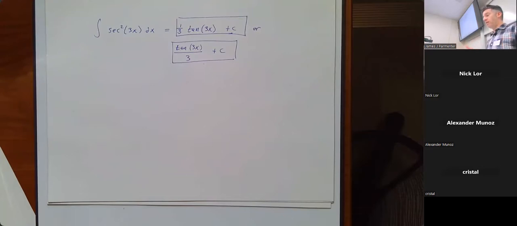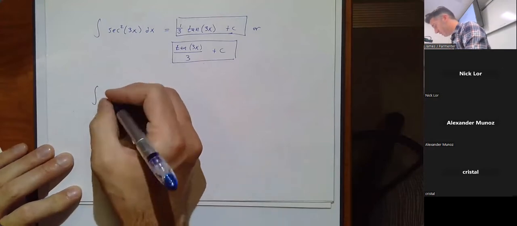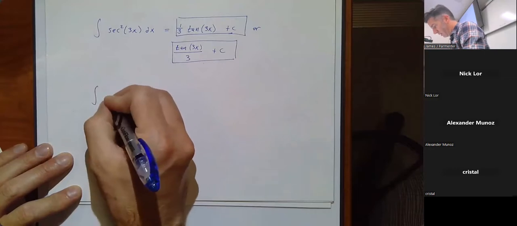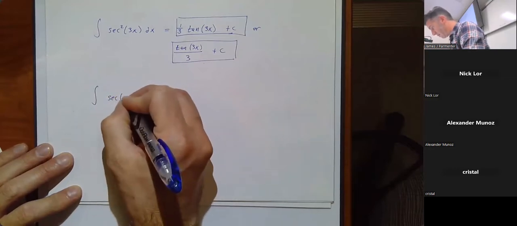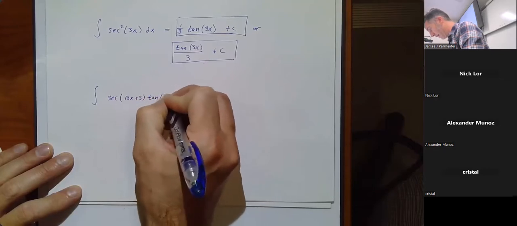One thing I want to point out about this is it only works for constant multiples of x being your u. It only works for linear functions of x being your u, meaning you could totally find the antiderivative of, let's do this, secant of 10x plus 3 tangent of 10x plus 3.